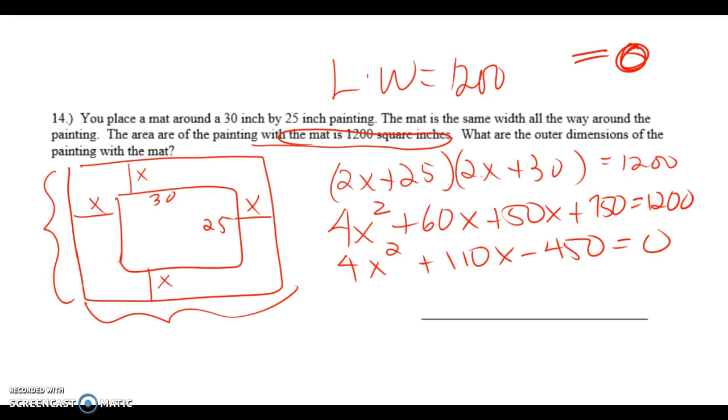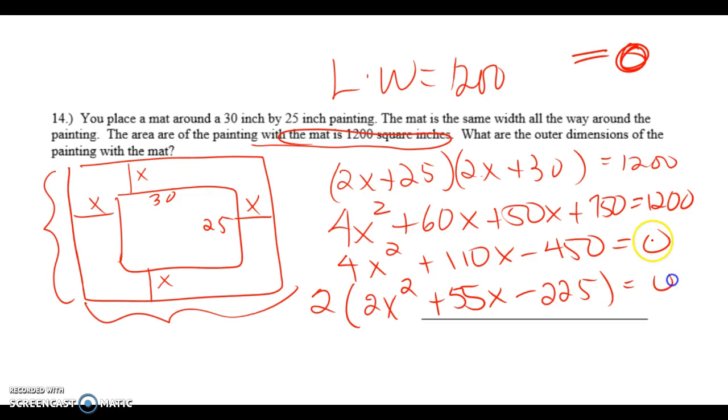Let's see if we can pull a 4 out from both sides. No, we could pull a 2 out, maybe. So this is 2x squared plus 55x minus 225. Well, we can't factor this.